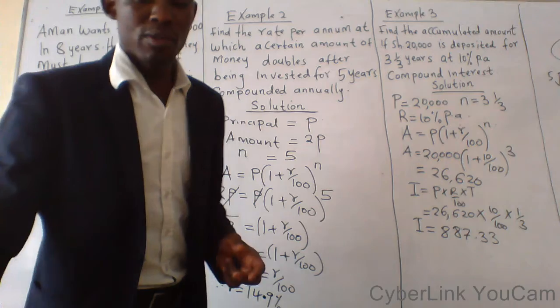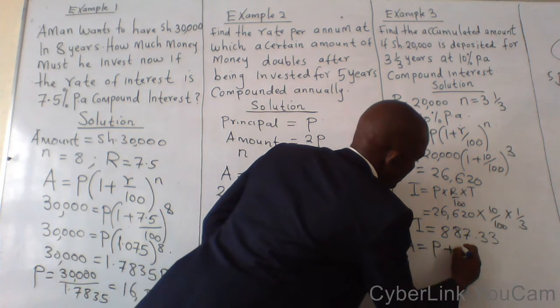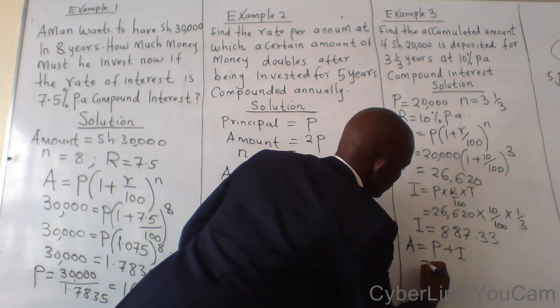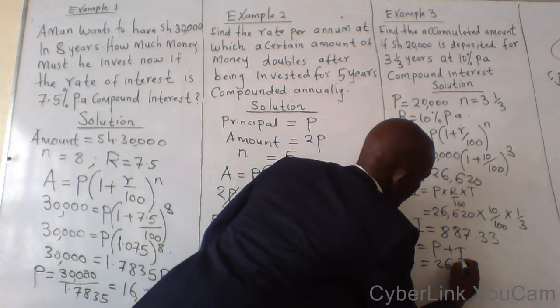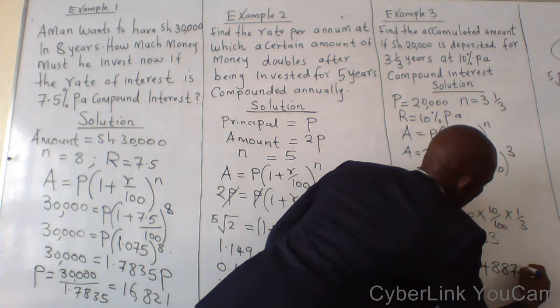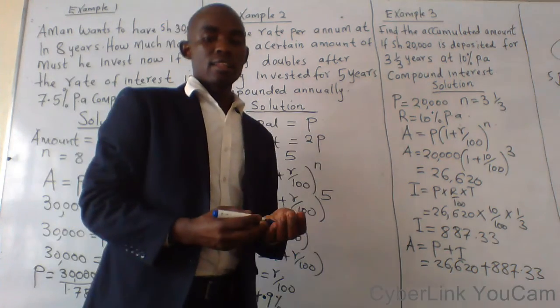Remember now the amount will be equal to principal plus interest. This one will be equal to 26,620 plus 887.33. That is the sum.